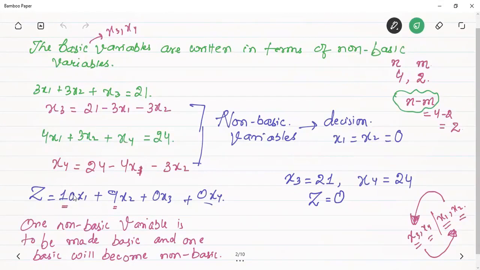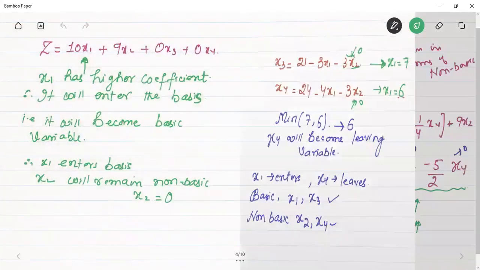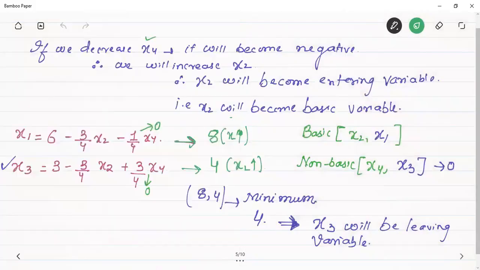Okay, it makes sense. I'm comparing these two. टेबल में भी हमारे वैल्यूज क्या है? cj minus zj के 10 9 0 and 0. And we select maximum positive. कल भी हमने देखा हम maximum positive क्यों लेते हैं? It is making the same sense here as well. Okay, now we have to decide for the leaving variable.